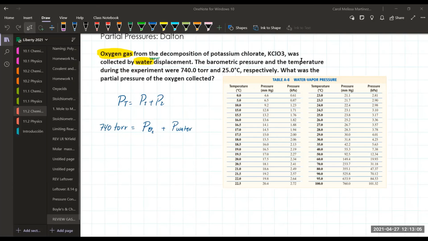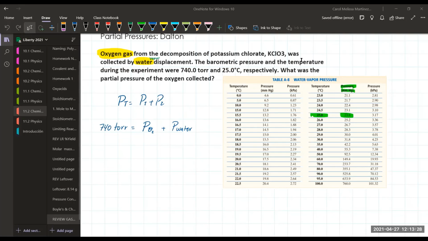For the pressure of water, I need to use the table. So I'm going to focus on the temperature of 25 Celsius and the pressure that it should be in the same units. Remember, torr and millimeters of mercury are the same. So the pressure for water vapor, in that case, is going to be 23.8.